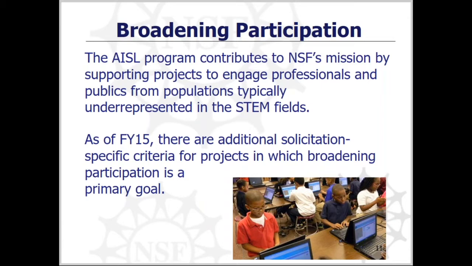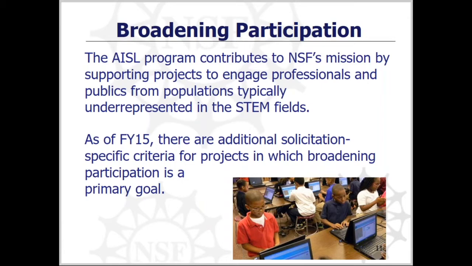We have 2 solicitation-specific criteria for projects in which broadening participation is a primary goal. The 2 criteria include: does the proposal identify the characteristics and needs of the targeted underrepresented groups, public or professional, to be served? Does it include explicit plans or strategies for addressing or accommodating the specific interests, community or cultural perspectives, and educational needs of participants of the identified underrepresented groups?